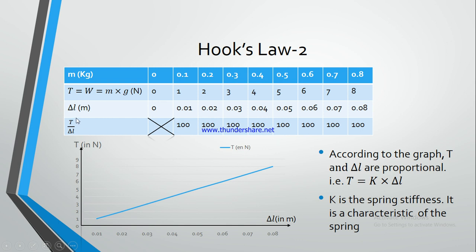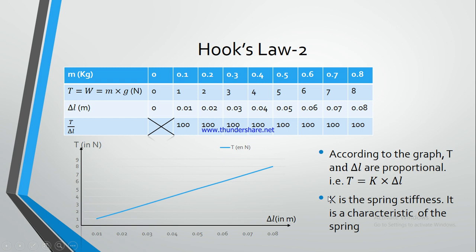So we can see that T over delta L is equal to a constant K, so T equals K times delta L. And if we draw the graph of T in terms of delta L, we can see that the representation is a line passing through the origin.